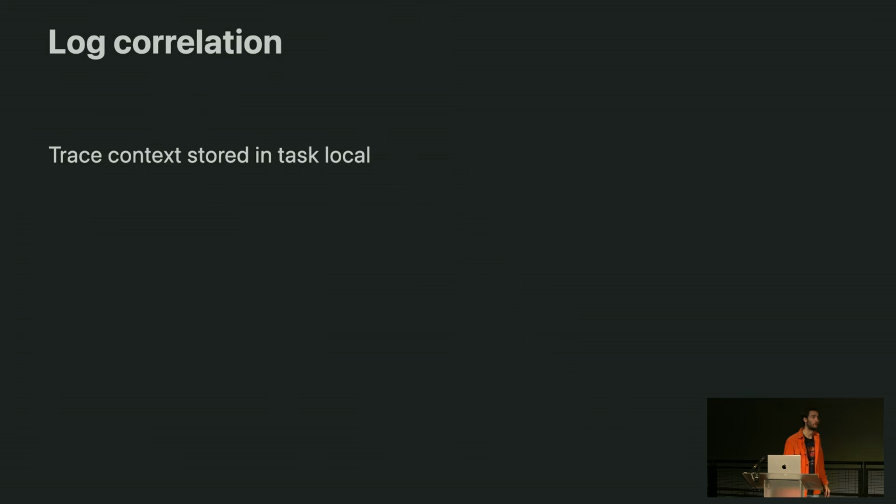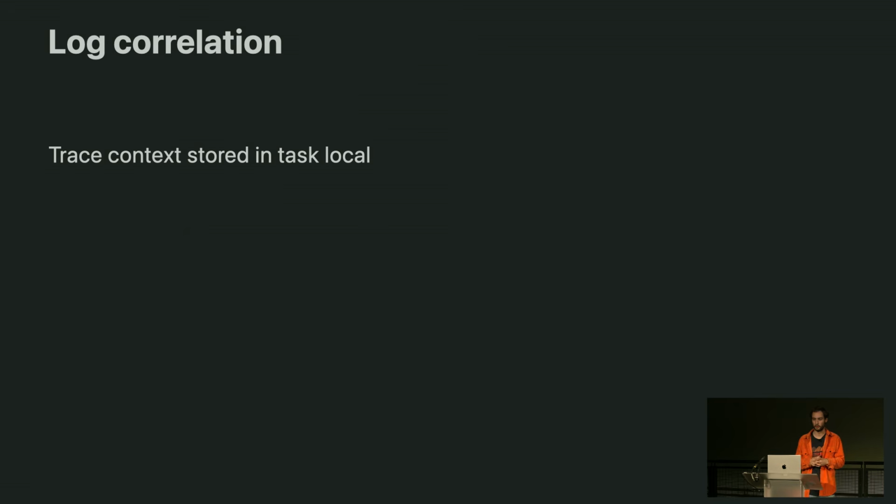The trace context is stored inside a task local, and it's used for log correlation in one of two ways. The first one is if you're using SwiftOtel's log handler, then this is built in, you get it for free out of the box. As soon as your log line is surrounded by a span, it will automatically be able to be correlated. However, if you decide to use a different log handler, we still got you covered.